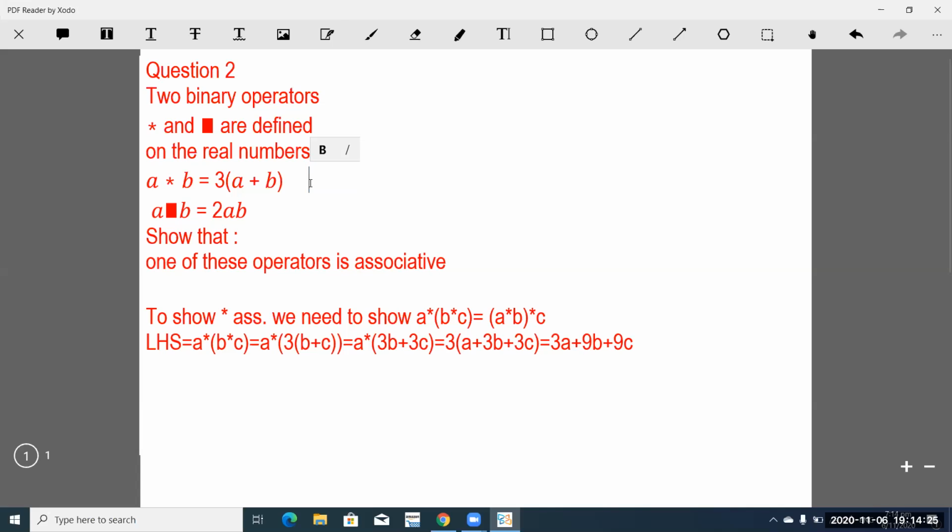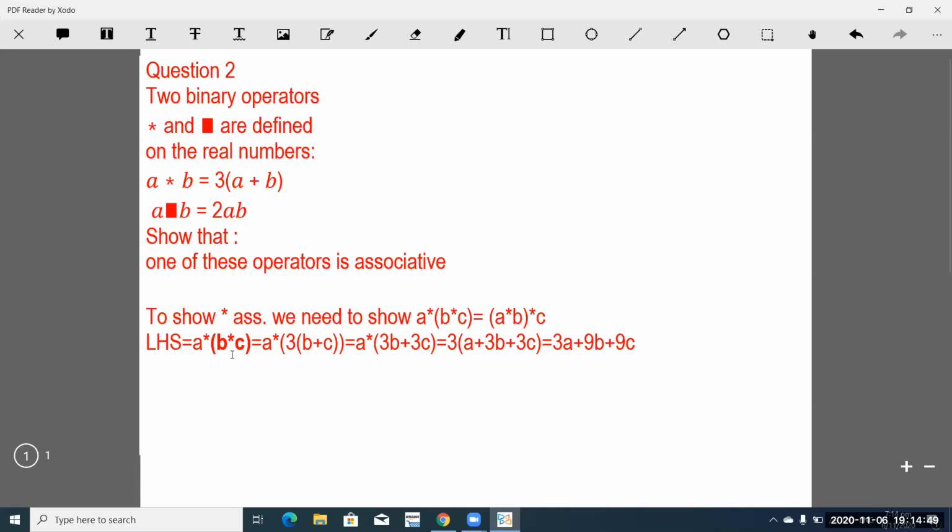So that's why now right here we have A star, B star C. When you see a bracket, you always work out the bracket part first. So I'm going to put it in bold, because we always work out this bracket part first.